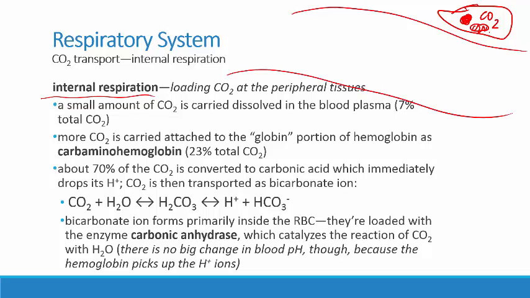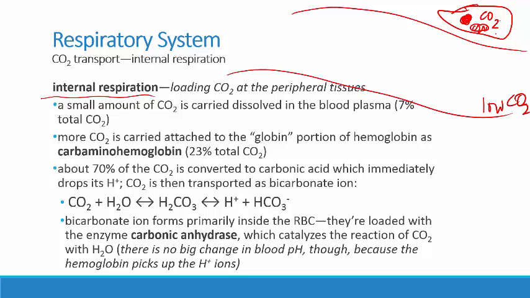All right, so this is low CO2 blood that is coming from the heart after having been pumped through the lungs. So it's low CO2, but the cells in the peripheral tissue, as they do their ATP making processes, will let go of CO2.